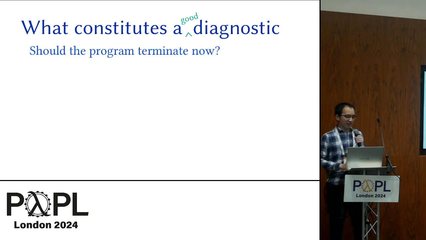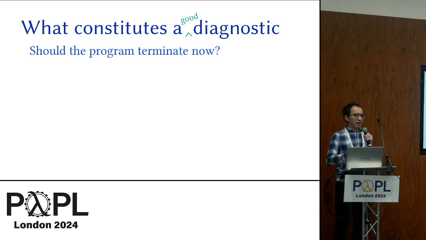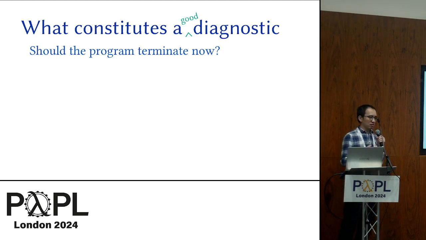The first thing a mechanism should provide is to determine whether a program should terminate now. Whether it's something that you cannot recover from and you should just give up, or there's just some message that you want the user to know and then you should move on. That's something that you have to decide.